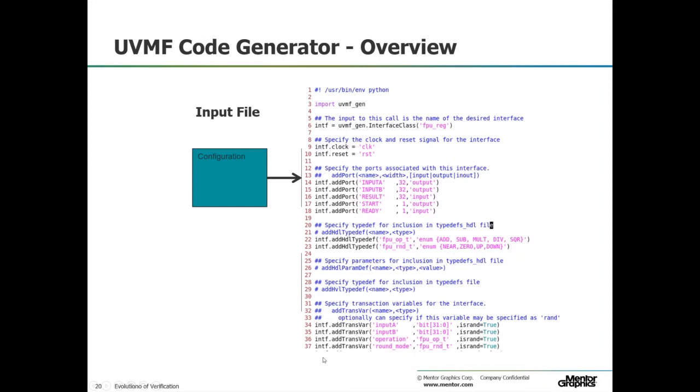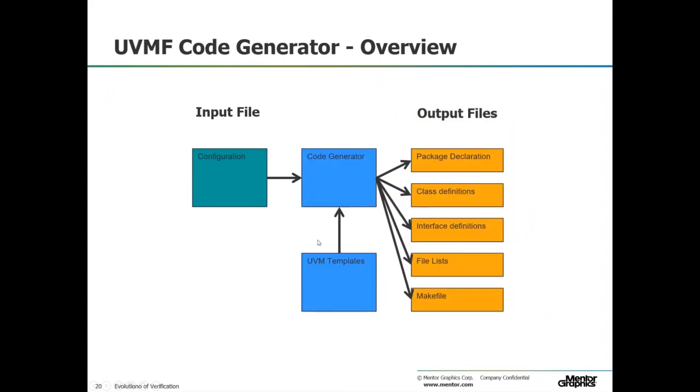And so you create this 40, 50 line template, and you hand that template to a code generator, which pulls all the boilerplate code that it needs from our UVM templates, and then creates all of those class definitions, creates all the packages, creates everything you need, including the make file to compile that agent.